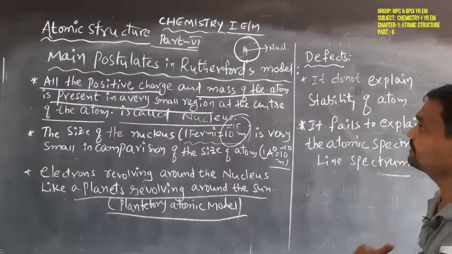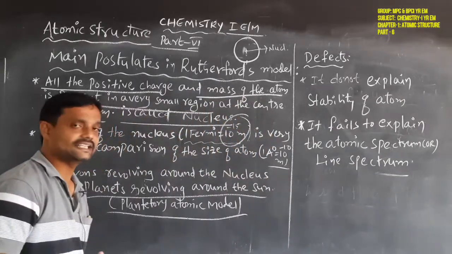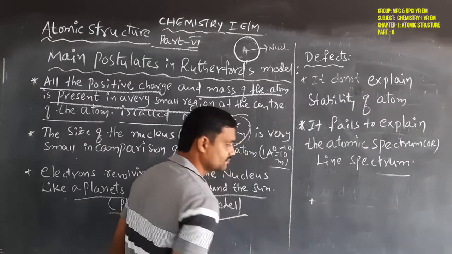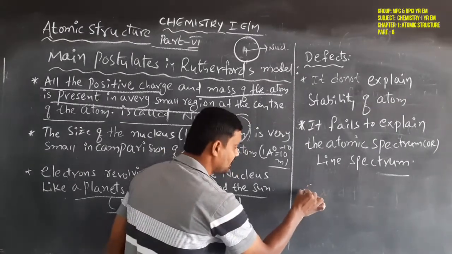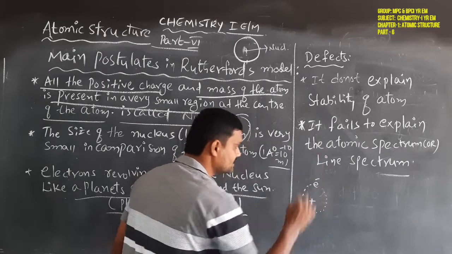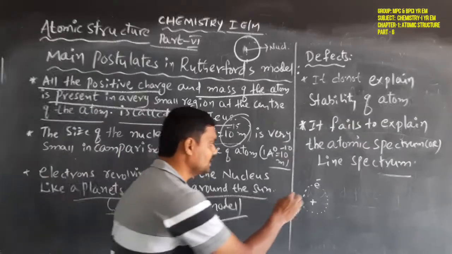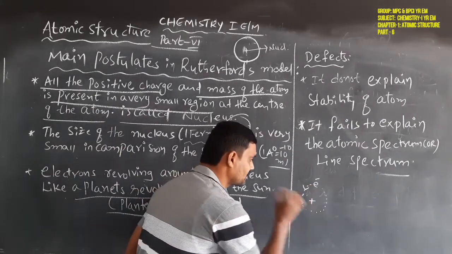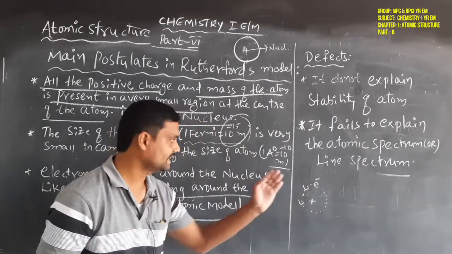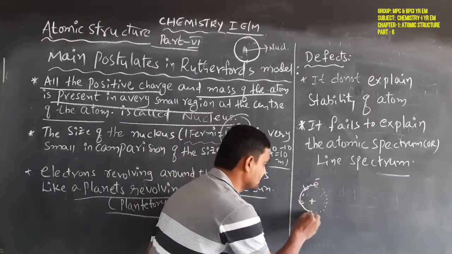Here some defects are present in the Rutherford atomic model. Rutherford assumed that in an atom, for example, this is the nucleus with positive charge, and the electrons are revolving around that nucleus in circular paths like planets revolving around the sun. We already know the electron has a negative charge and the nucleus has a positive charge.